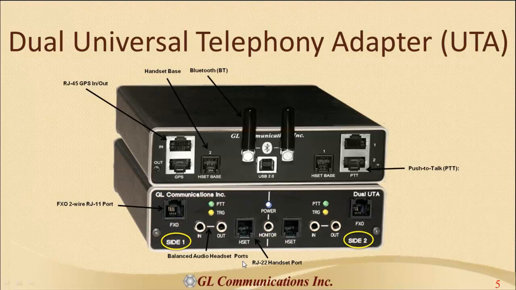If you are trying to test any handset, it may be an IP phone or it may be an analog phone, you need to connect it to the headset base. We do have a GPS port, an RJ45 GPS port, wherein we connect the GPS receiver. This GPS receiver will be used for mapping GPS results at different locations.